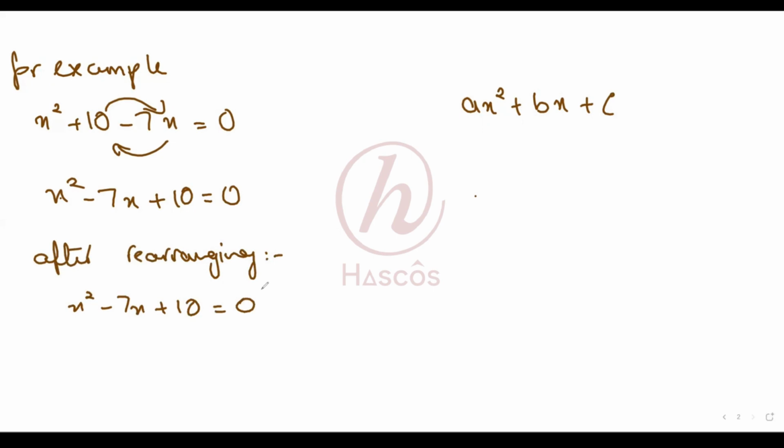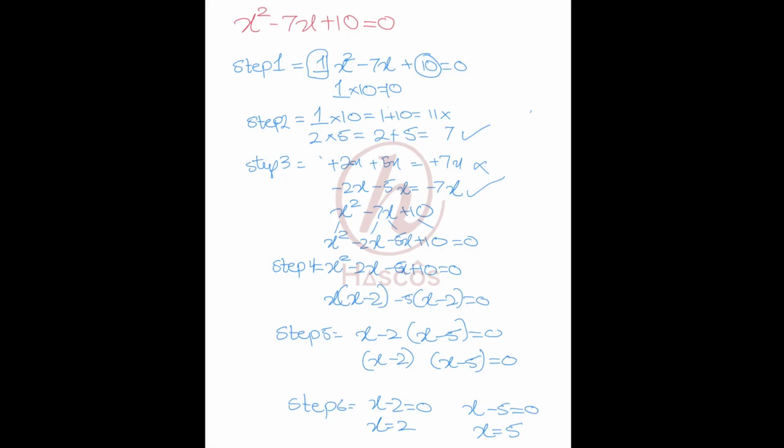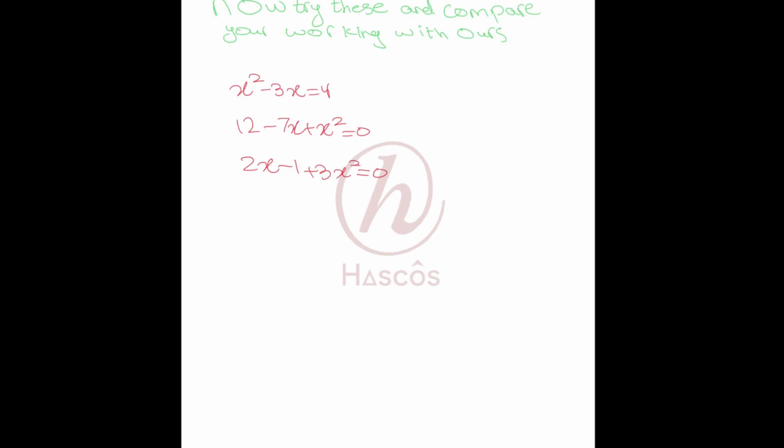Now you perform middle term breaking on this simplified and rearranged quadratic equation, and then you compare your working with ours in the next slide. Now attempt these questions and then compare your working with ours.